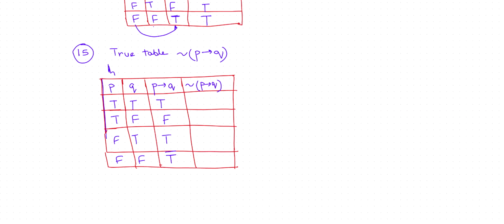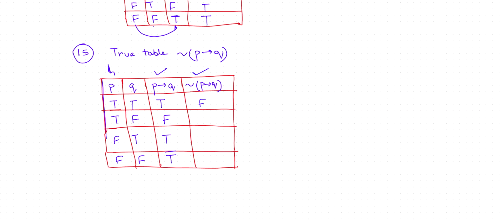Okay, and so now this is negation, meaning whatever is if P then Q, negation means the opposite of that. So when it is true, this becomes false, and when it is false, it is true.